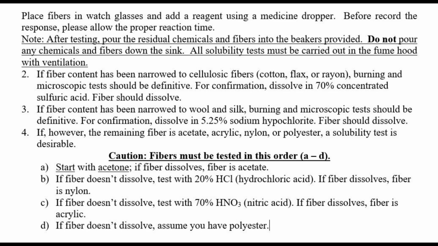For example, here we can see in your instruction, if your earlier test like visual inspection, burning test, or microscopic test suggests that the unknown fiber is cellulosic fiber such as cotton, flax, rayon, then the first step is to use 70% concentrated sulfuric acid. If the fiber dissolves, you can confirm that it belongs to the cellulosic group.